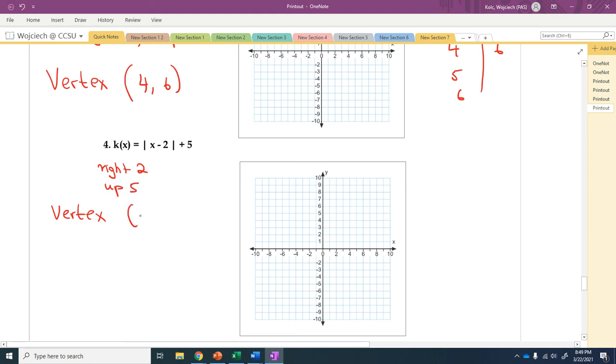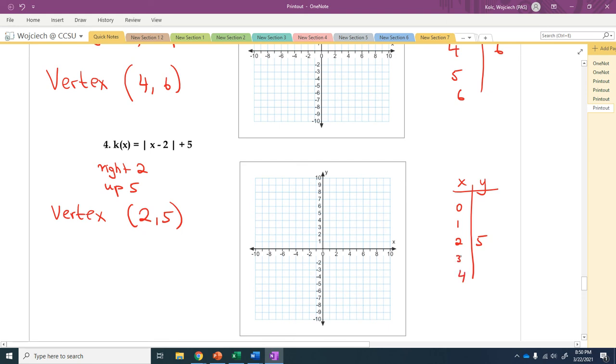So the new vertex will be 2, 5. And if you want to create a table of values, you can pick a point to the left. So you may pick 1 and 0, and you may pick 3 and 4.